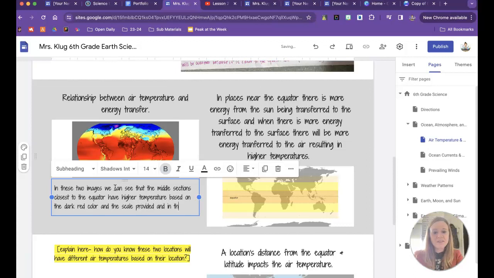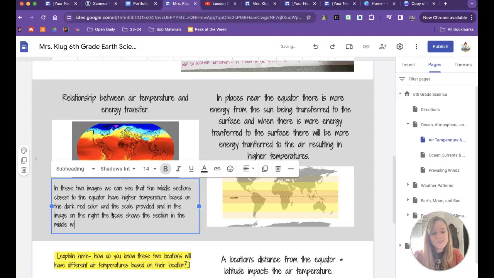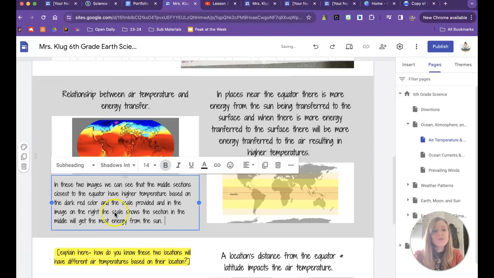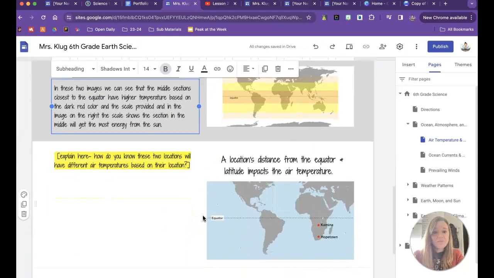And in the image on the right, the scale shows the section in the middle will get the most energy from the sun. So we can explain these two images, we can add that there, and then we would move on to the last section.